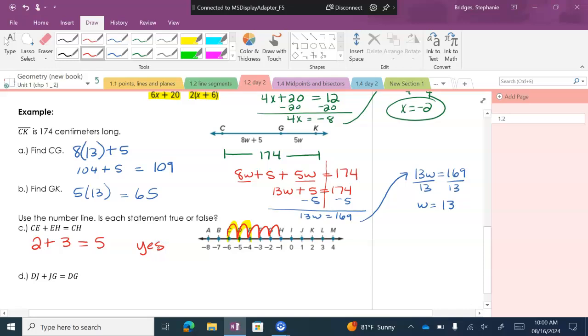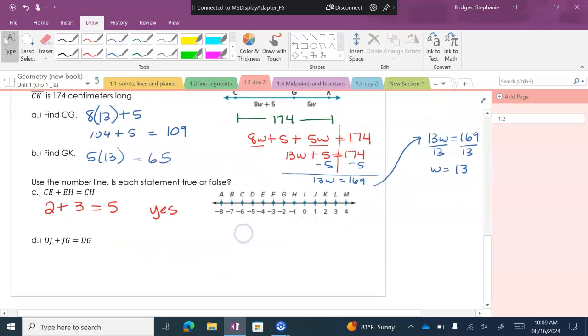Do the same thing. Count from D to the next and see if it makes a true statement. It may not. You either put yes or you put no. Count from D to J, count from J to G, and then count from D to G and see if that makes a true statement or not.